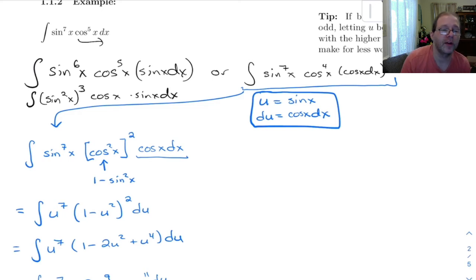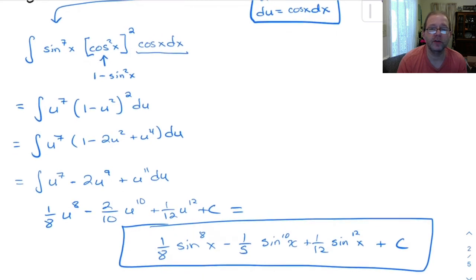And there's nothing wrong with that, but when you replace this sine with 1 minus cosine squared, you'd have to cube that. And that's a bigger pain than coming down here and having to square this out. So both of them will work. Both of them will give you different looking answers. One will be written in terms of sines and one in terms of cosines. But either way works just fine.